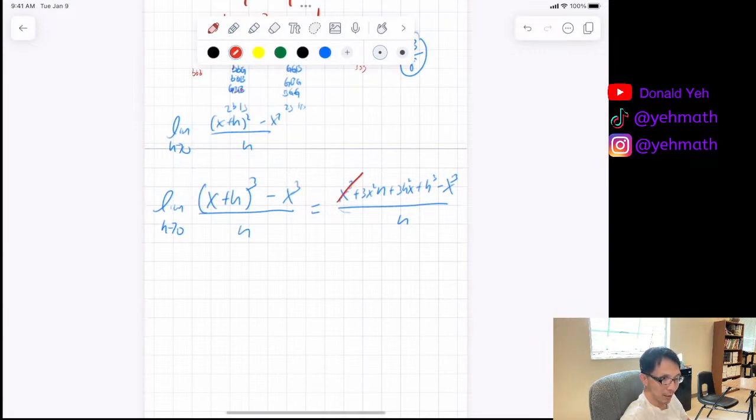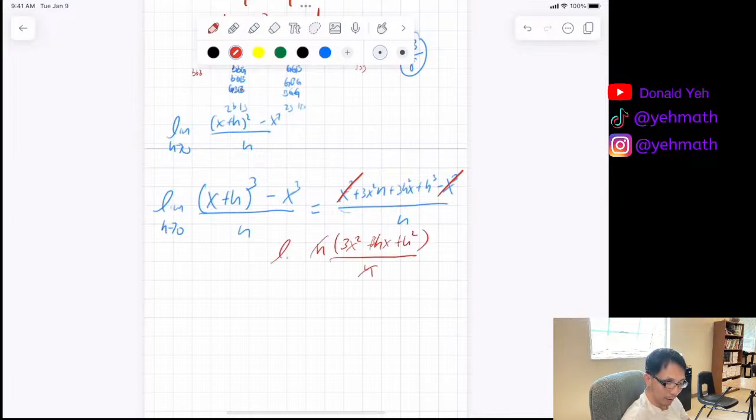This will always end up canceling each other, always. But you also always factor out an h, right? So that's going to be 3x squared plus 3hx plus h squared over h.